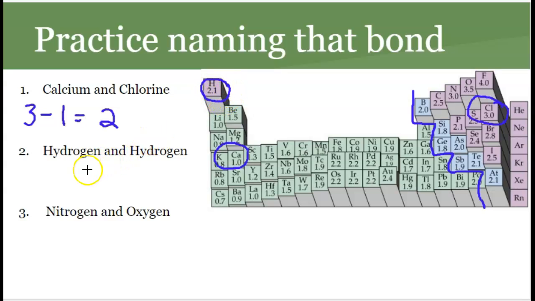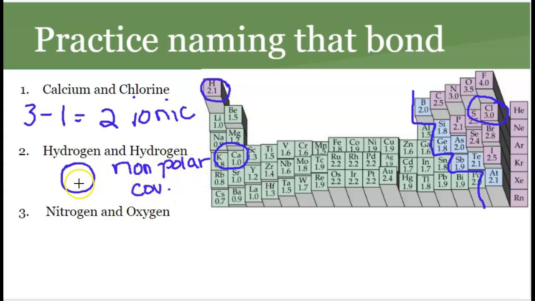So regardless, when you have the same element and subtract itself, you're going to end up with 0. So if I go back to number 1, this is an example of ionic because it is a large number. This would be considered nonpolar covalent because they're sharing and it's such a low number.